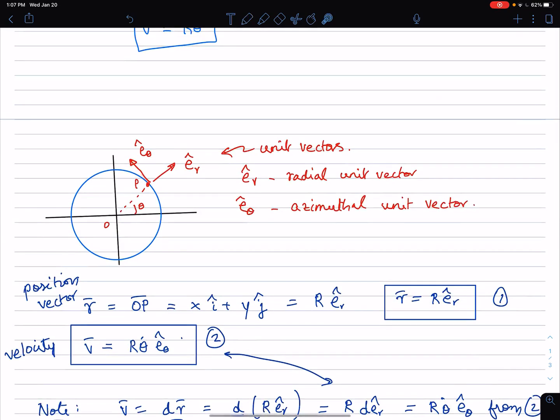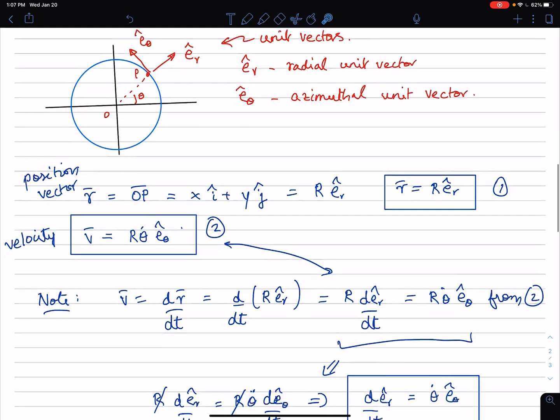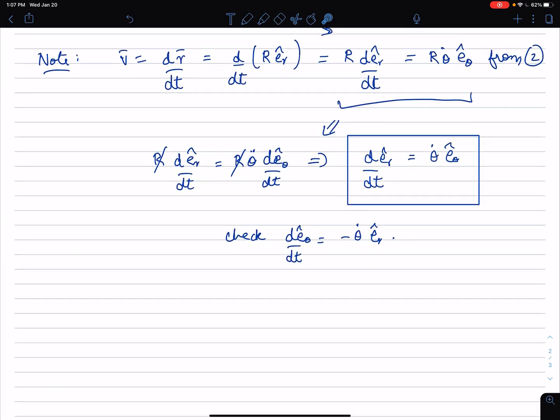When e theta changes by a little bit, if you have a new point here, e theta will change. The rate of change is going to be in the e r direction, but it's going to be inwards, and it changes by the same amount in terms of numerical value. Okay, so we're not going to prove that. I'm just going to state it.